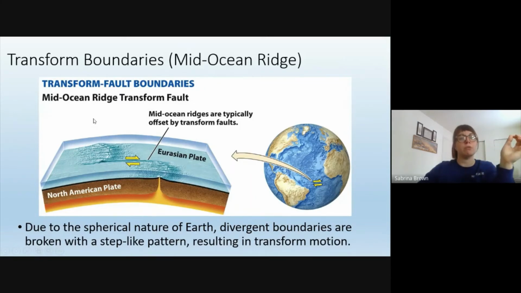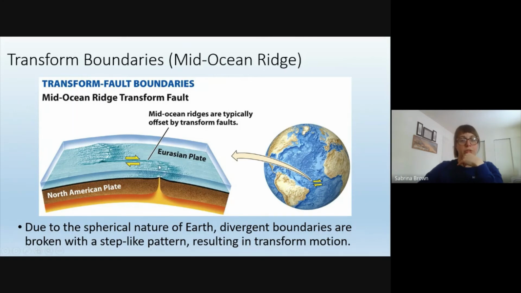And then when we have transform boundaries at the mid-ocean ridge, right, so when we think about mid-ocean ridges, think about these as mainly being a divergent boundary, but because the Earth is a sphere, we have to break the divergent boundary off by these sort of transform offsets, right?